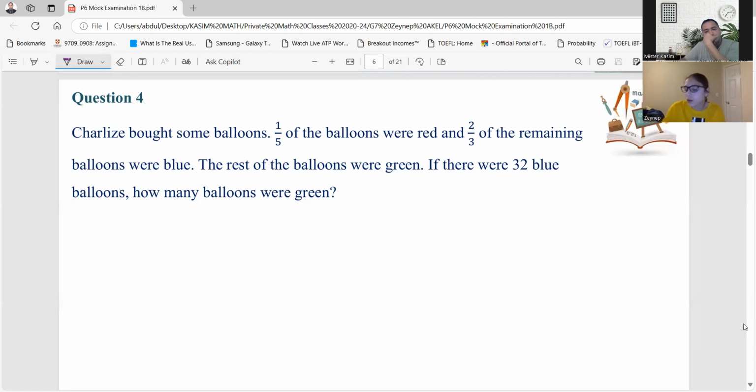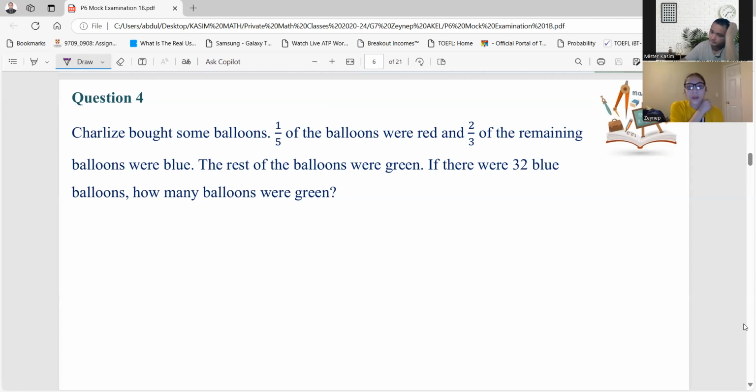Okay, so let's say there's B amount of balloons. 1/5 of the balloons were red, and 2/3 of the remaining balloons were blue, of what's left was blue.